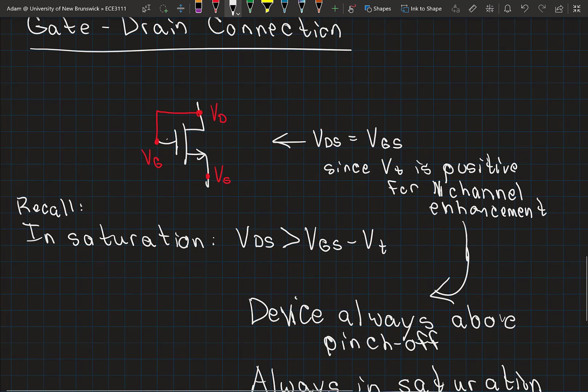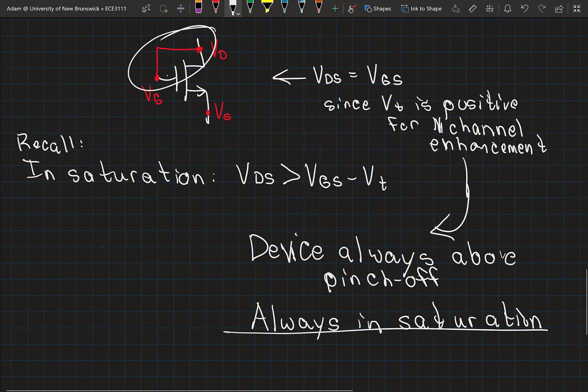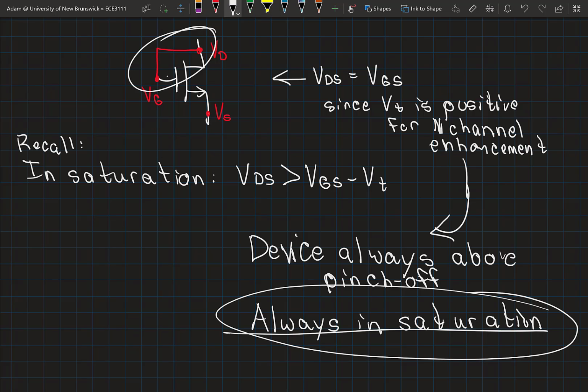So whenever you see this connection directly between the gate and the drain, without doing any further analysis, we know that the device is in saturation.